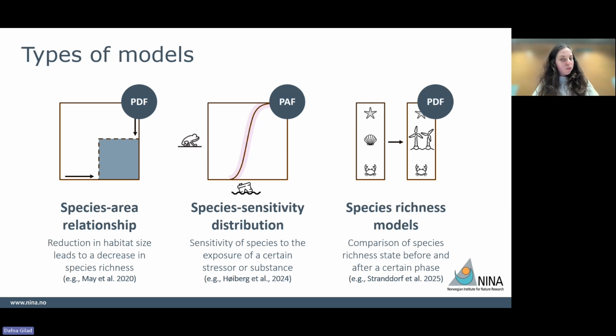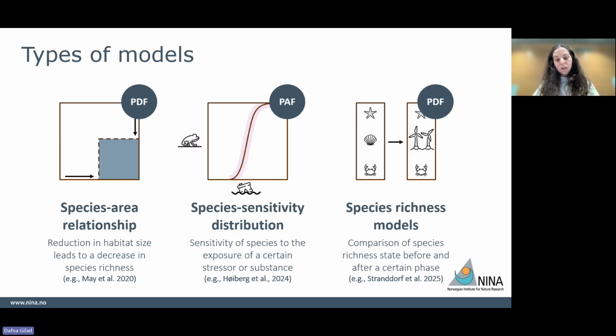So there are different types of models that you can use in LCA to quantify impacts on biodiversity. And often what is used is the species accumulation curve. So for example, the species area relationship, which quantifies impacts by translating reduction in the area size to potential reduction in species richness. Another example is the species sensitivity distribution.